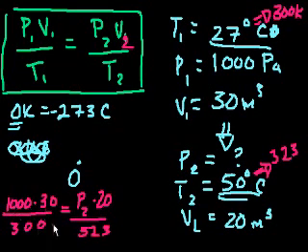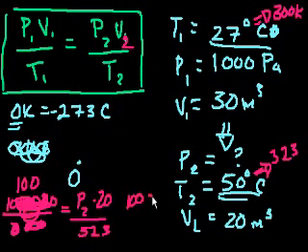Let's see, we could simplify this. We could take 2 zeros off of here, take 2 zeros off of here, and then we could take a 3 out of here and take a 3 out of here, and we're left with 100. That was 30,000 divided by 300, and so that's 100 on the left-hand side. So we have 100 is equal to P times 20 over 323.